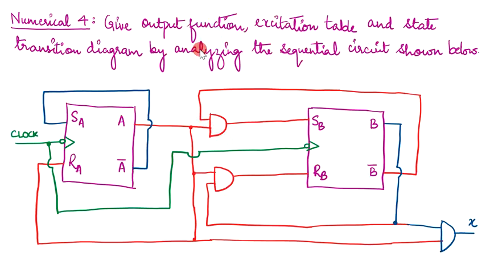So the process is going to remain as it is, but this particular circuit looks much more complex in comparison to the previous one. So here they have specified the variables, and it's looking quite complex to identify the input variables and the output variables. So let us see how to solve this.